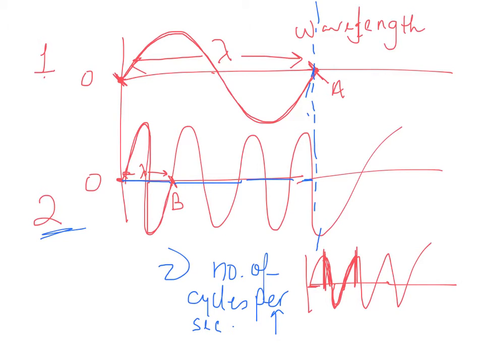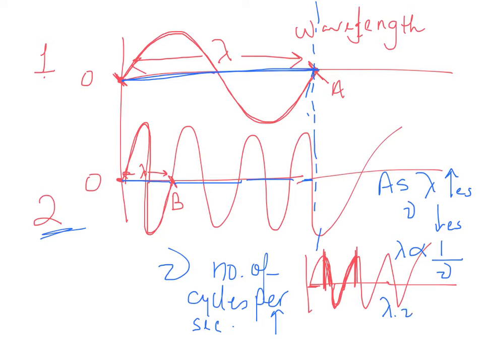So can I say that as lambda increases, frequency decreases? If lambda is higher, the number of such cycles is going to be lower. One can perhaps say that, and that would mean that lambda and frequency are inversely proportional to each other, or that lambda times frequency should be some kind of constant.